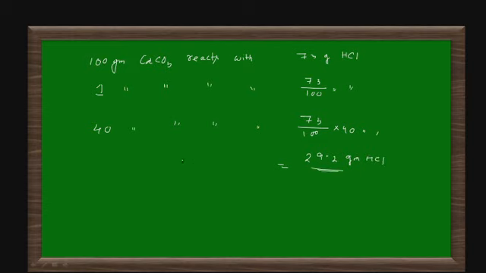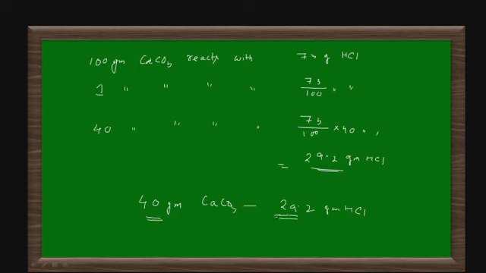Now see here, 40 gram calcium carbonate reacts with 29.2 gram HCl. That means for 40 gram calcium carbonate to react, only 29.2 gram HCl is required. But in this question HCl is given 40 gram.